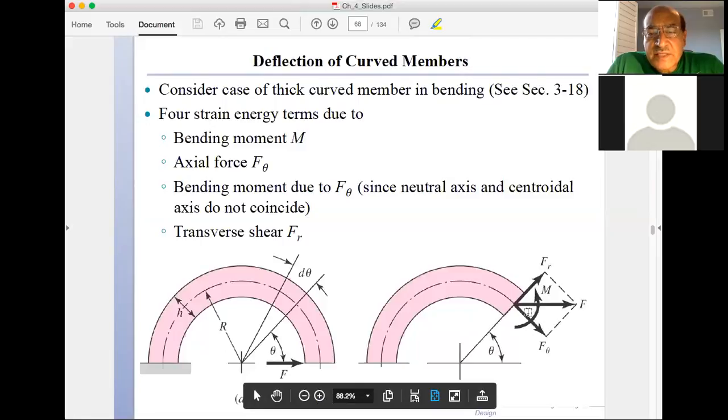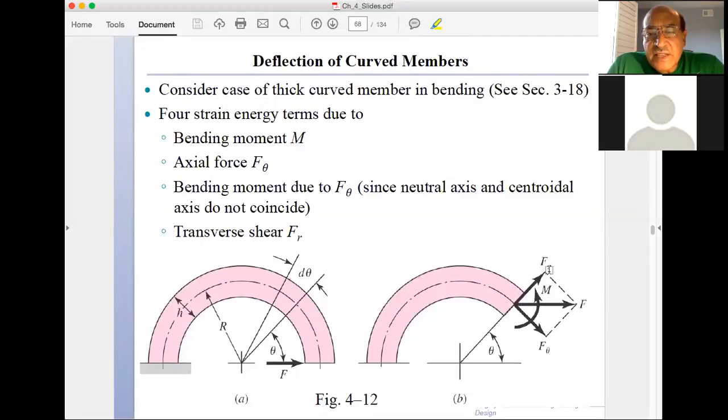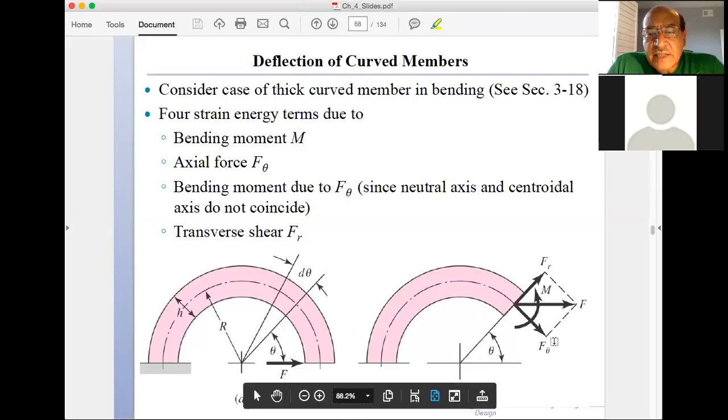So the moment is basically the force times the distance, which is r like this. The force here times the vertical distance, and the vertical distance is r sine theta. So we have a moment, and then we have the force. And the force, we can decompose it into a radial component and an azimuthal component.